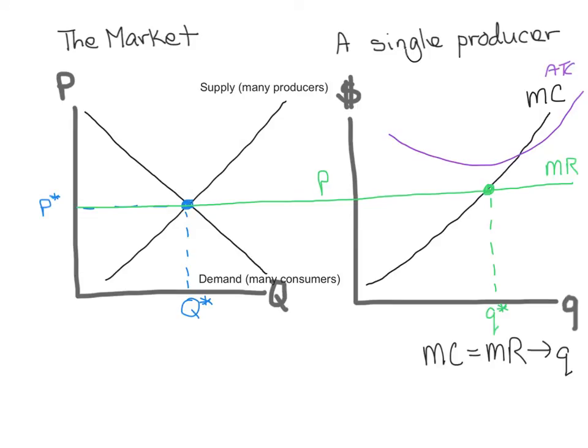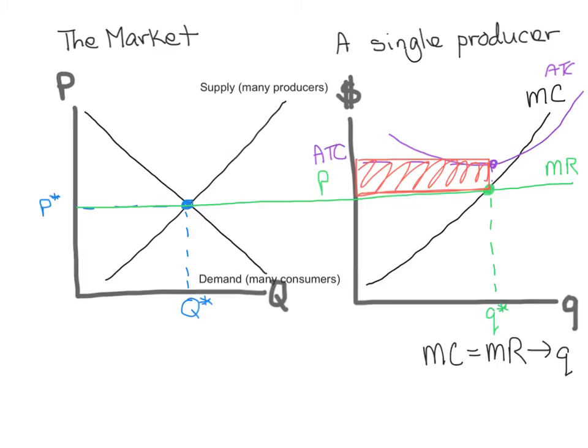Where at Q star, the average total cost of production would be up here, clearly higher than the price that the coffee producer is able to sell his product at. So the profit would be negative in this case. Price per pound is down here, cost per pound is up here. So this rectangle would represent the loss to our coffee producer, the negative profit he's making.